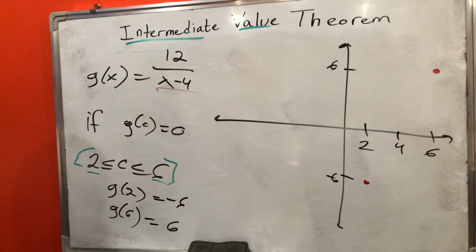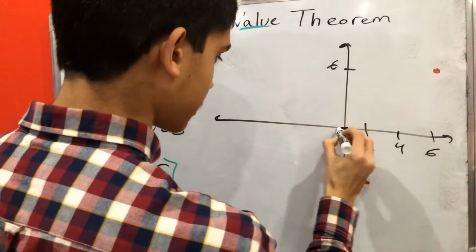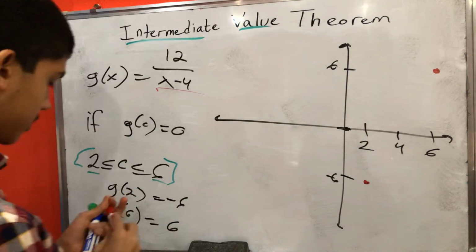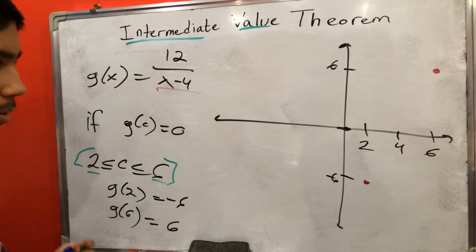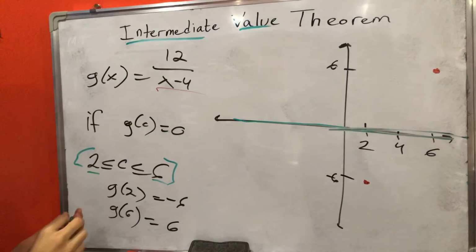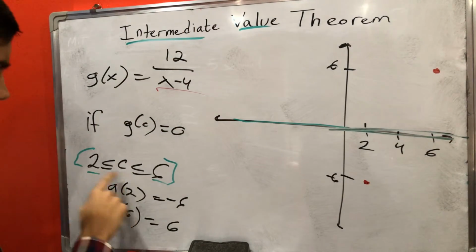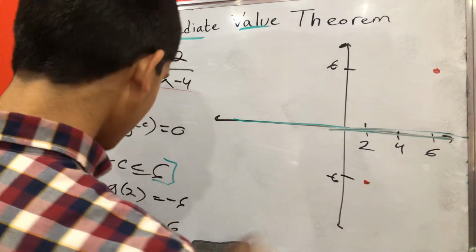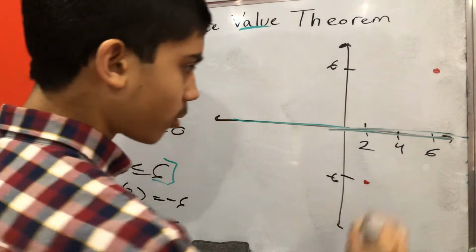Let's say we have a value g of c. Basically, we can draw a line, g of c, basically the x-axis. So does our c value have to lie in between here? Well, what did we say about the value 4?